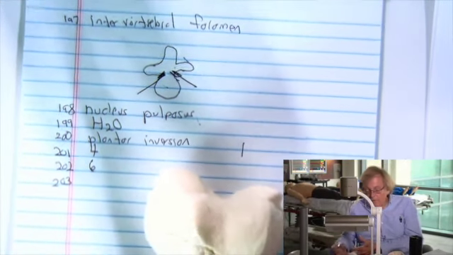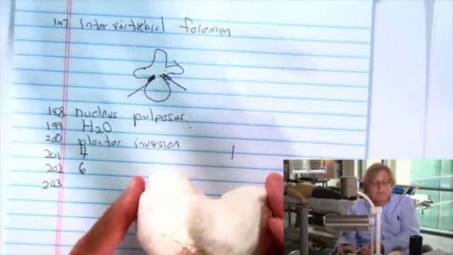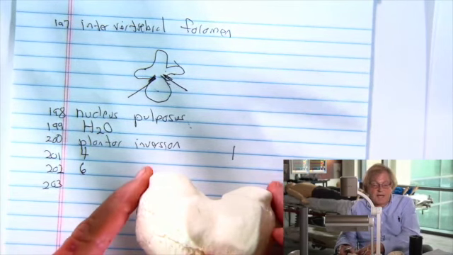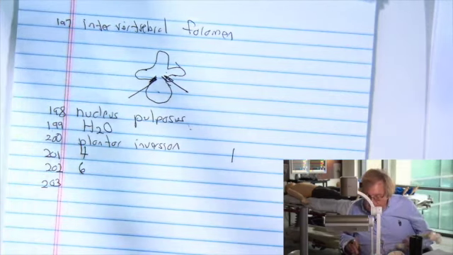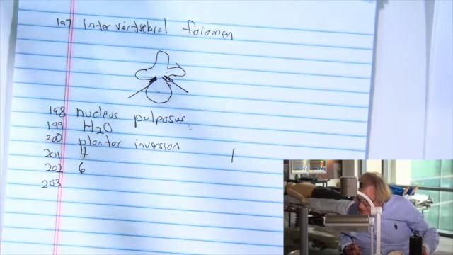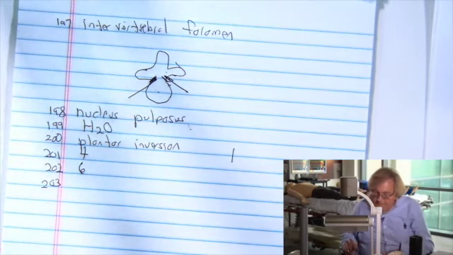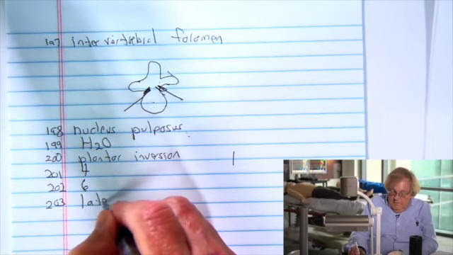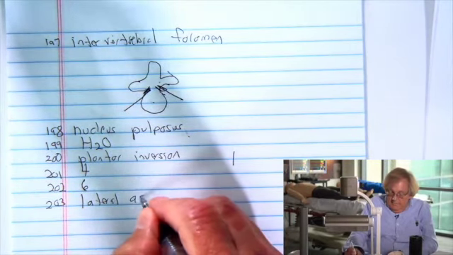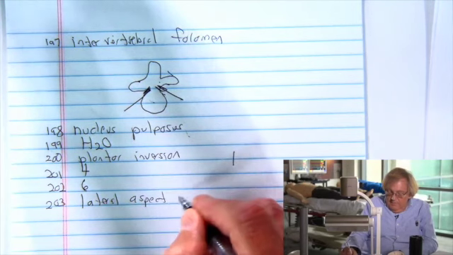So these bony processes on the side are actually the epicondyles. So question number 203 says the location of the lateral epicondyles. They're on the lateral aspect of the bone.